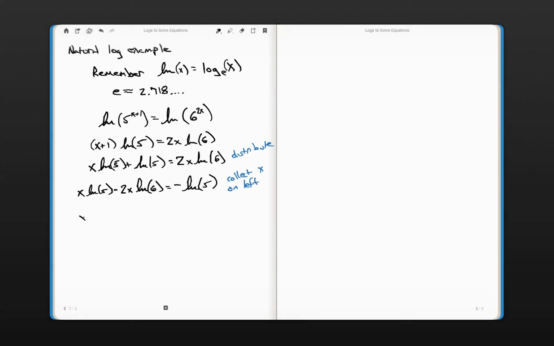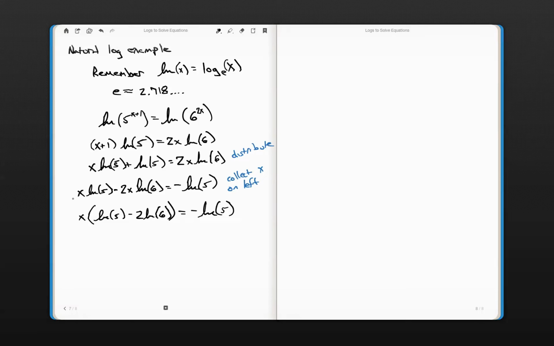And then here's what really confuses people. Now I'm going to factor an x out of both of these. X times the natural log of 5 minus 2 natural log 6 equals negative natural log of 5. What did I do? I factored these, both have an x.